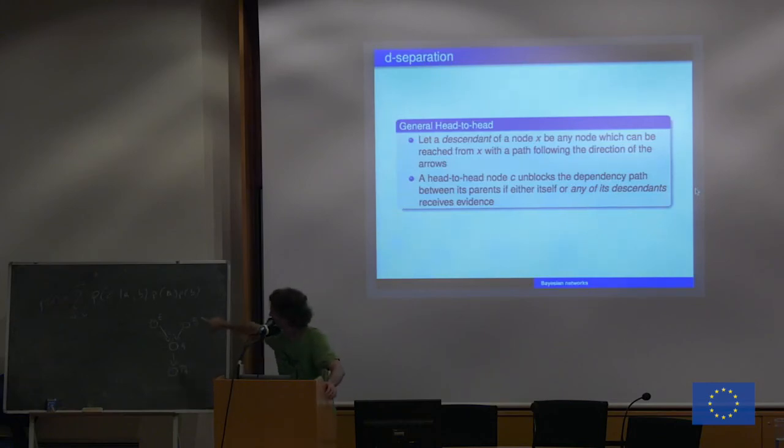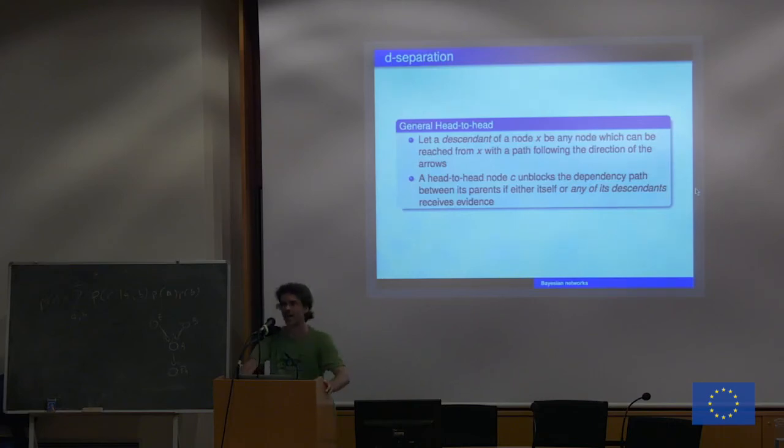So, earthquake and burglar become related not only if there is evidence of the alarm, but also if there is evidence of some consequence of the alarm. You didn't hear the alarm, but you received some evidence which is a consequence of the alarm itself, okay? And still, this puts the two causes in competition again, okay?